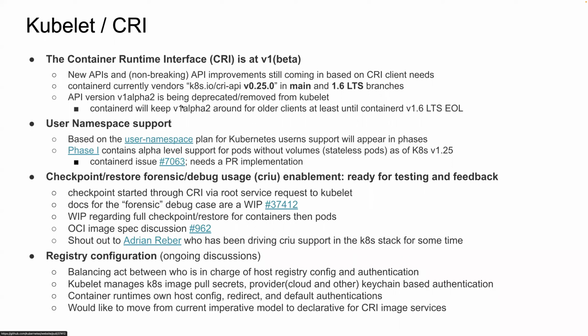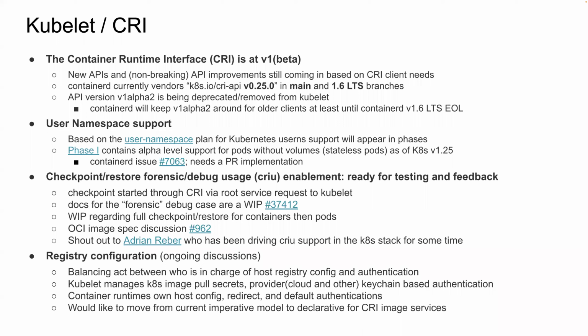So here are examples of some of the other features being added to CRI. We have user namespace support, where the underlying file system ownership matches inside of the container, which is pretty tricky from the mapping of users back to the actual host file system.